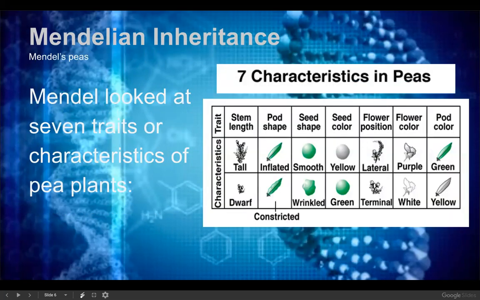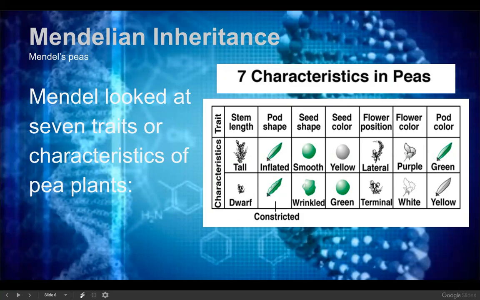So Mendel and his pea plants. He looked at 7 different types of characteristics within the pea plant. He looked at the stem length, which could be tall or dwarf. He looked at the pod shape, either inflated or constricted. The seed shape, smooth or wrinkled. The seed color, either yellow or green.